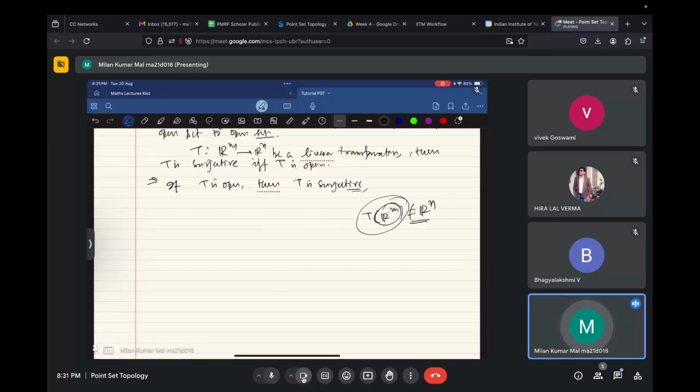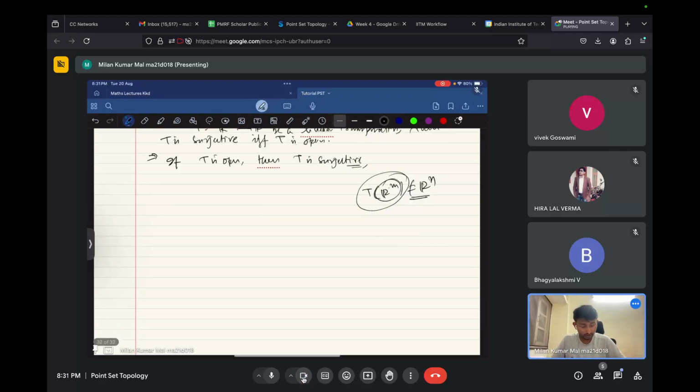Basically, one thing here is not considered that much. Okay, let me just write. The main problem is: if T is open, then T is surjective.